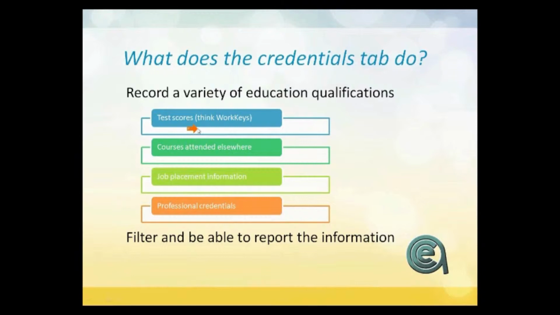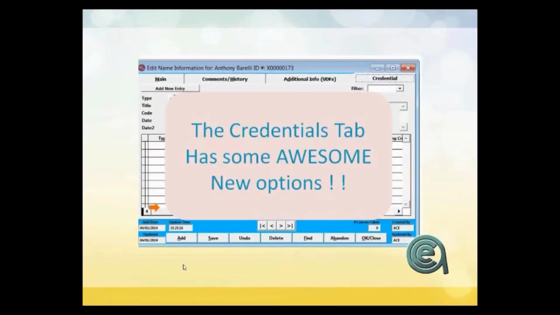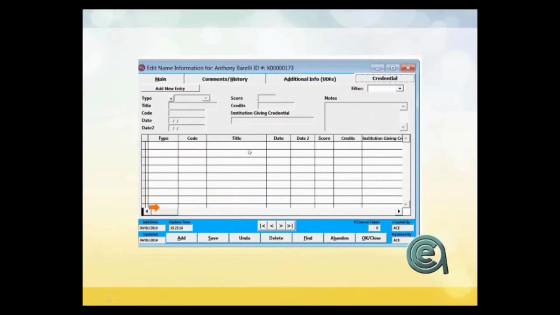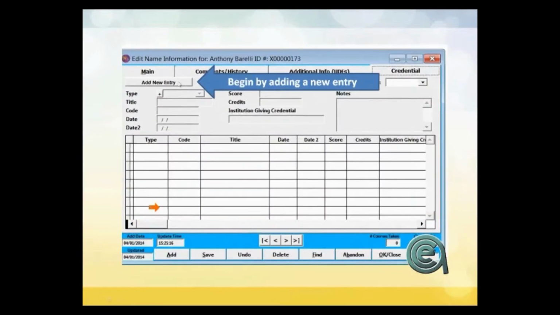So these are some examples of things that you might be able to use the Credentials tab for. And the new feature: in the new credential area, it used to be that your credentials were basically in a spreadsheet, and you had to type in the code in the column and decide what date was meant for the particular code you're creating.